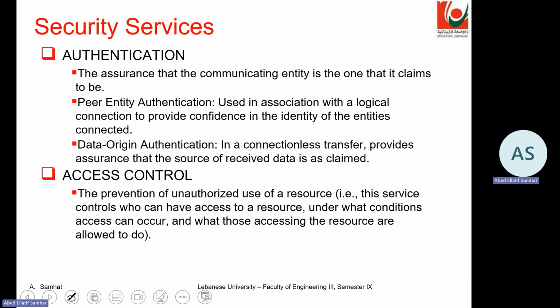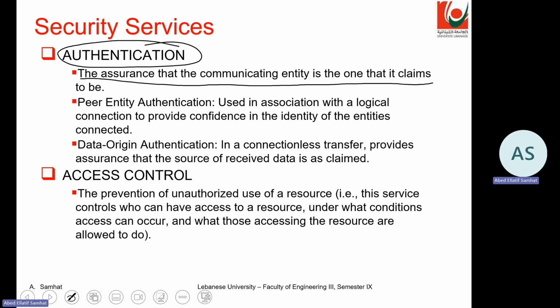One of the important security services is authentication. This is the assurance that the communicating entity is the one that it claims to be. So we make sure that the entity is the right one, as it claims.